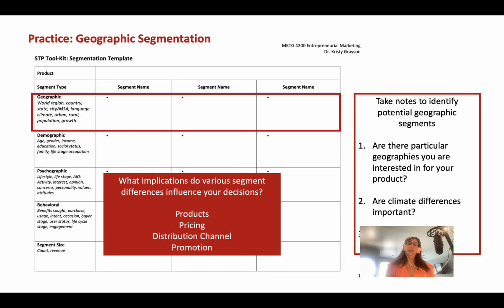So what I want you to do for your product or service is to think of 3 to 5 very different distinct segments that have different needs for your product. And I want you to think through geographically, what implications do various segments have for you? And then think about the marketing mix. How does geography impact your product?